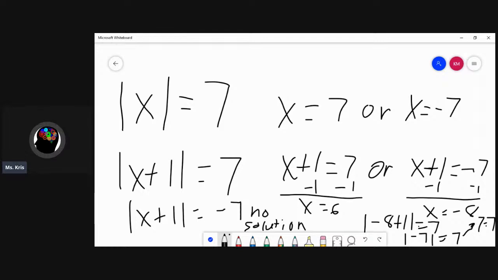All right, we are moving on to absolute value inequalities.